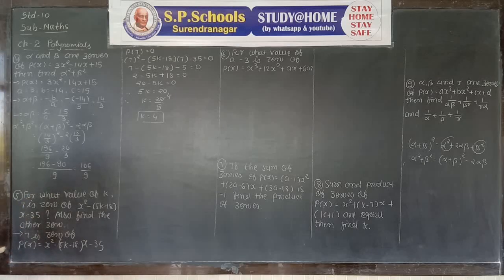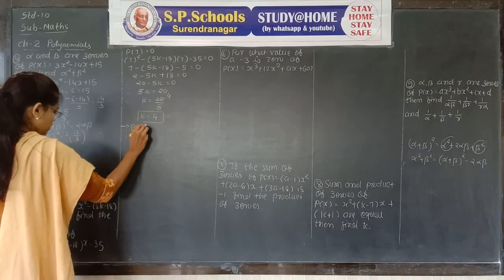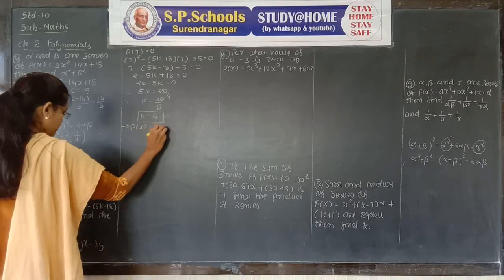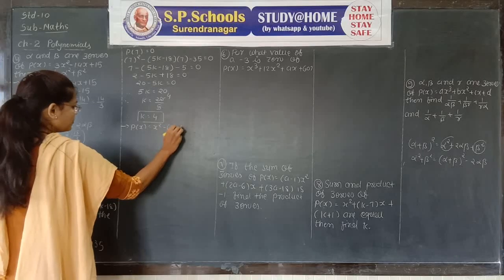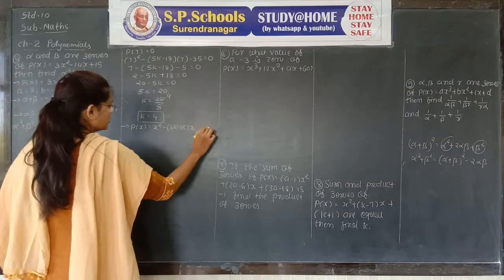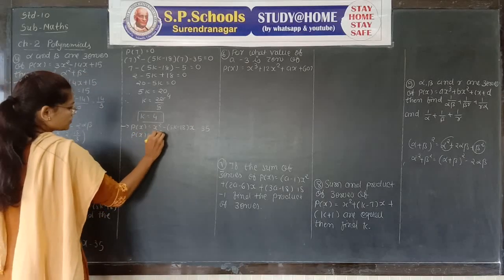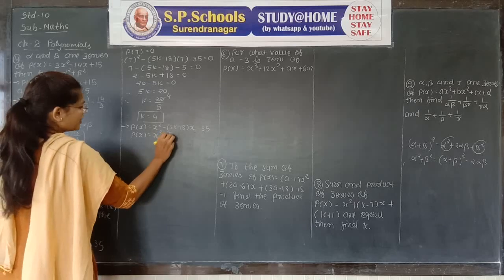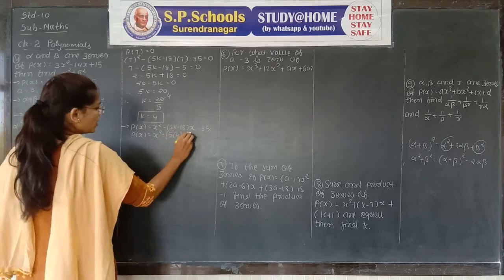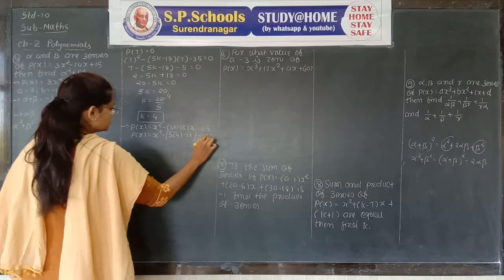Now, to find the other zero, we substitute this value of k in the polynomial. P of x is equal to x square minus 5, instead of k is 4, minus 18 into x minus 35.